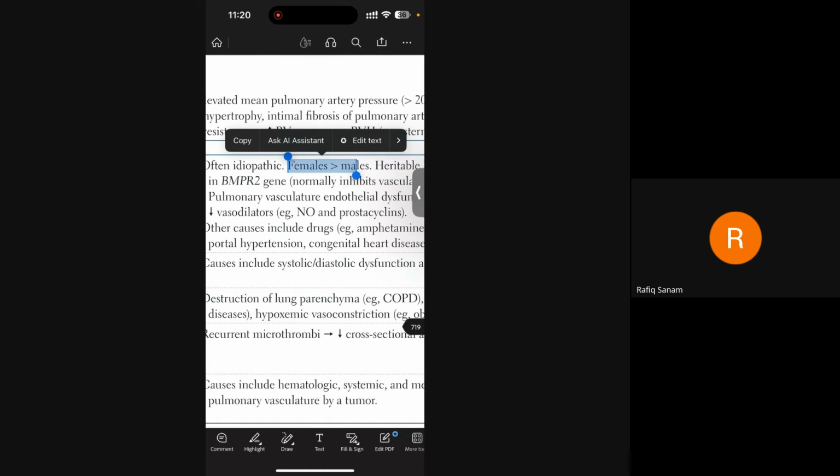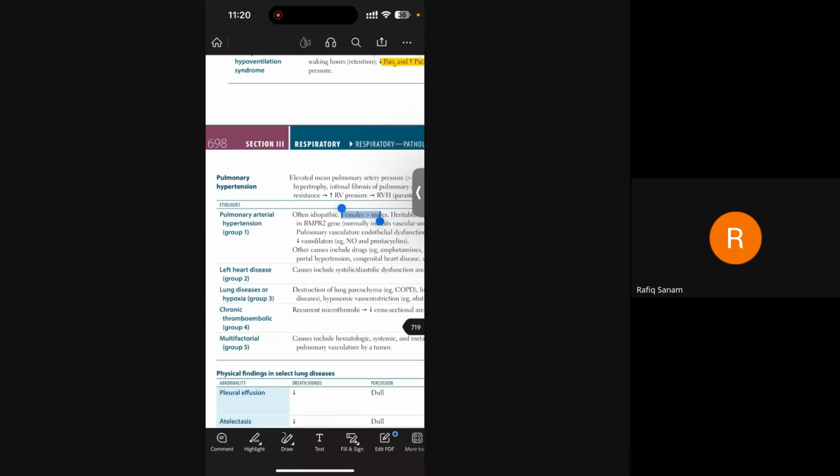There are five groups of pulmonary hypertension. Group one covers the genetic component. In the genetic type, it will always be much more common in females, and you will see a patient in middle age.